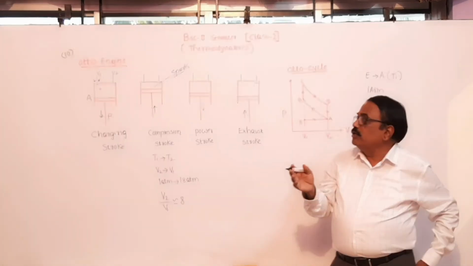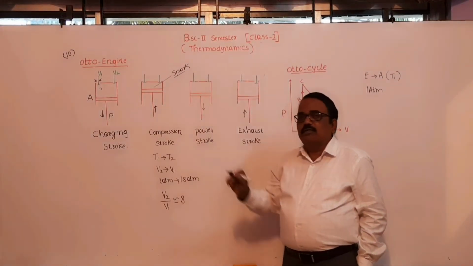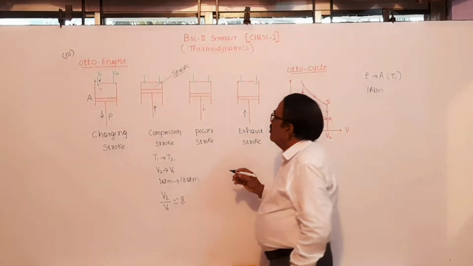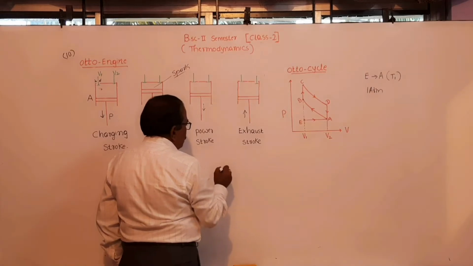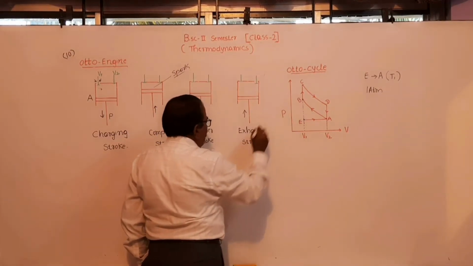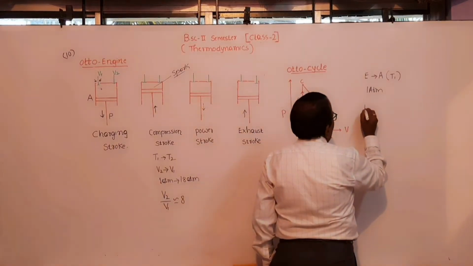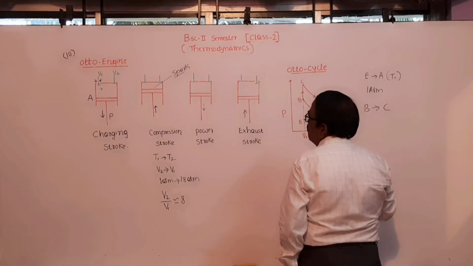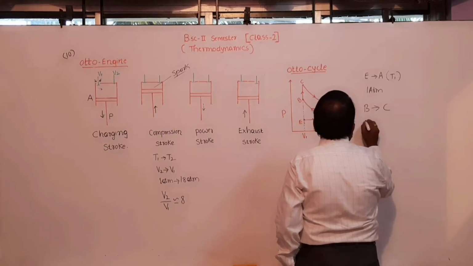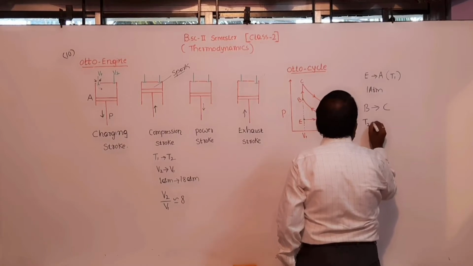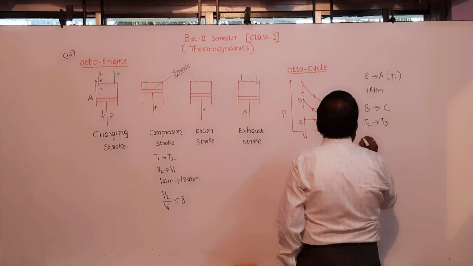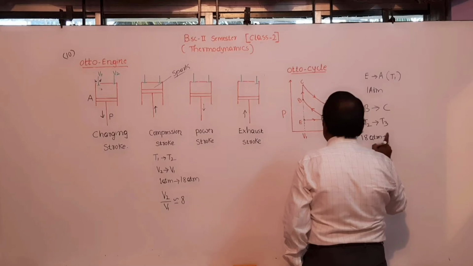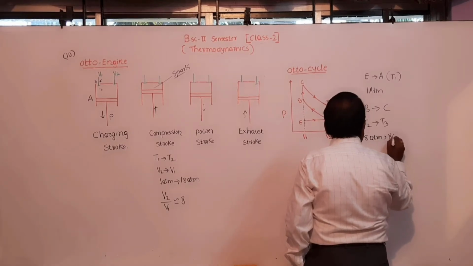Their temperature increases due to this spark, and pressure also increases enormously, and the ignition stage is from B to C. From B to C, temperature changes from T2 to T3, pressure from 18 atmospheric to 80 atmospheric.